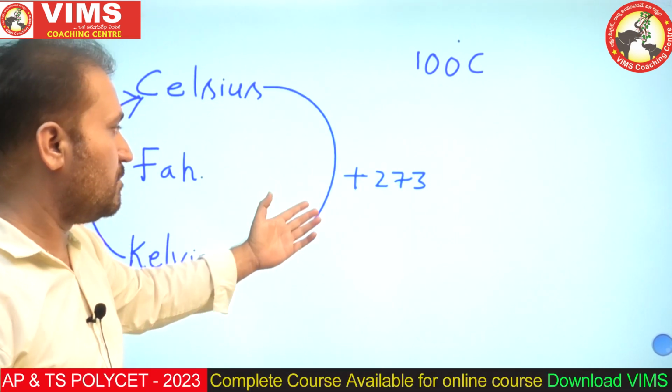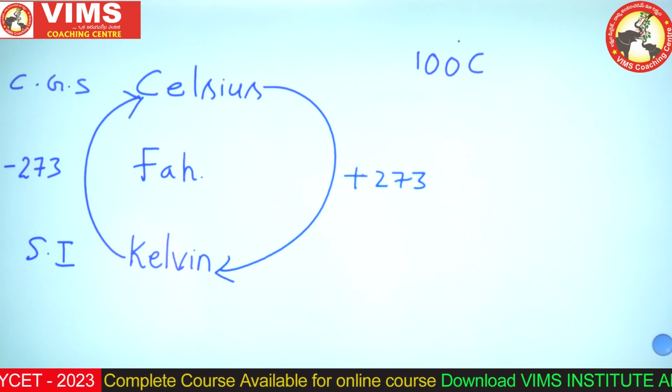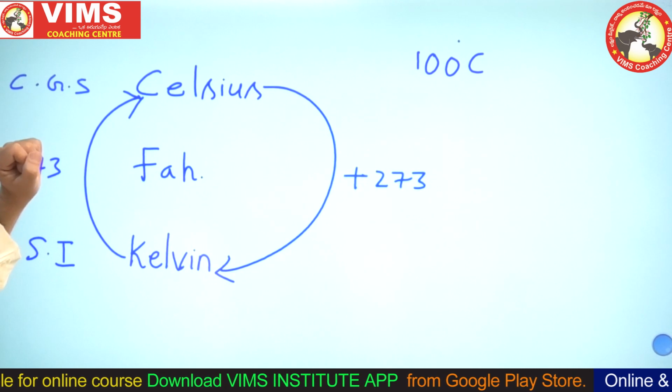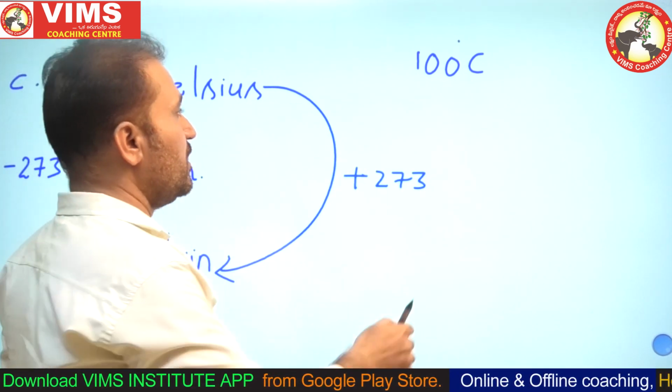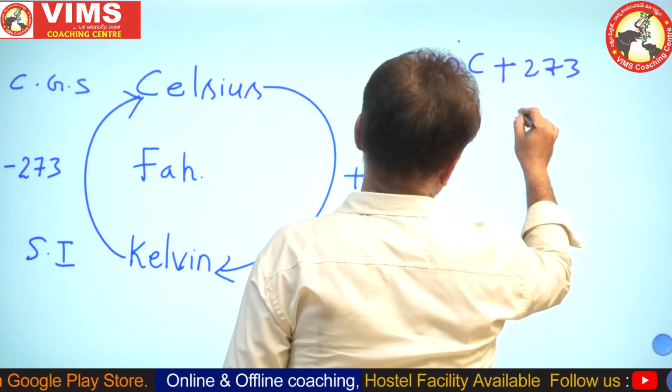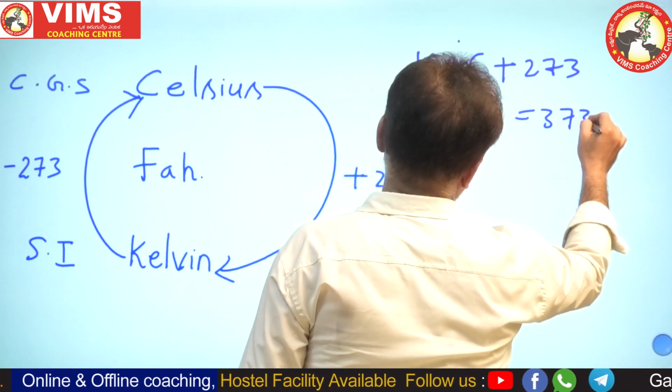The temperature has been given to us in Celsius, we are going to convert that into Kelvin. You just add plus 273, then your answer will be 373 Kelvin.